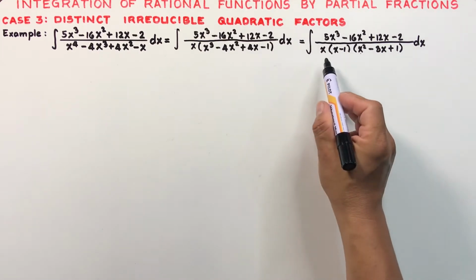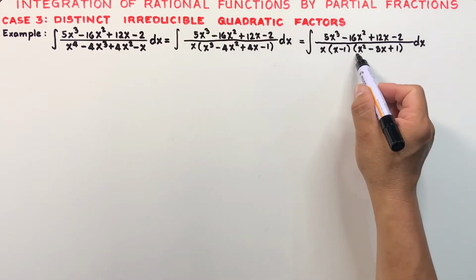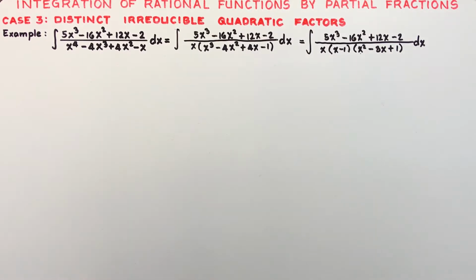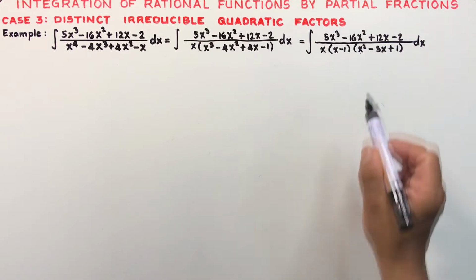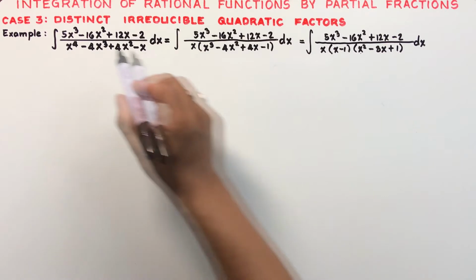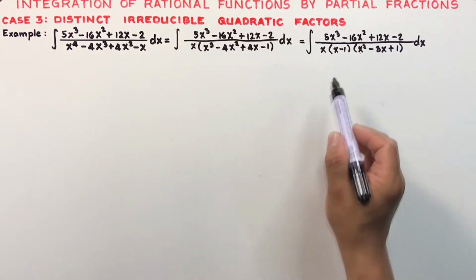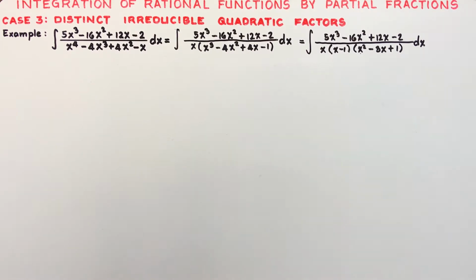Now that we have factored the denominator, wherein one of the factors is a quadratic factor which cannot be reduced anymore to a product of two linear factors where the coefficients are rational numbers, this example belongs to case number 3, where you can find distinct irreducible quadratic factors.